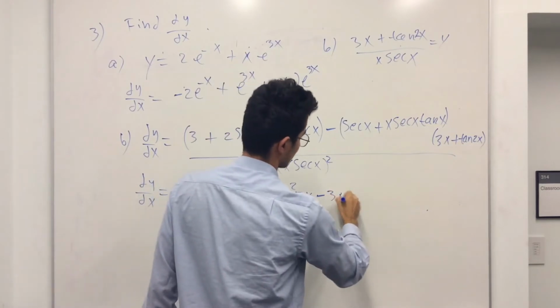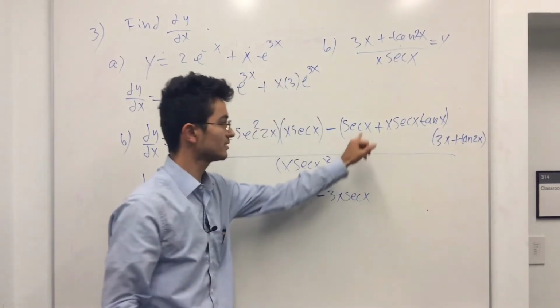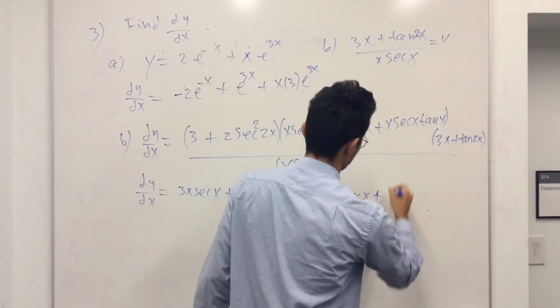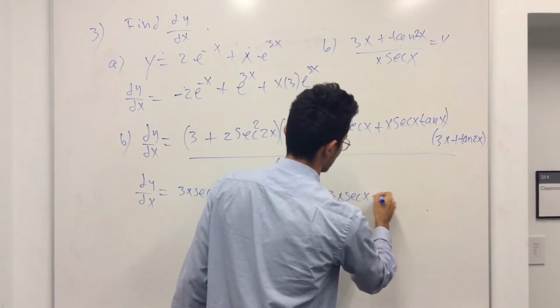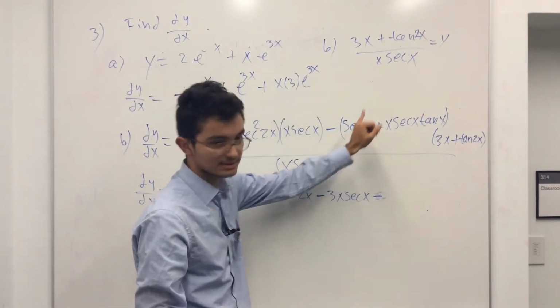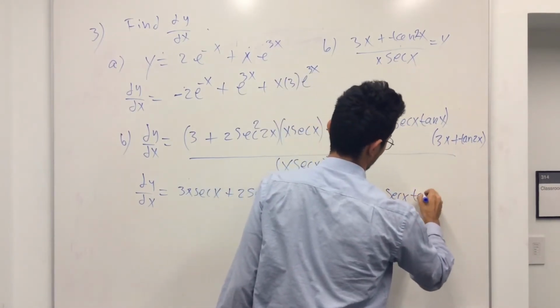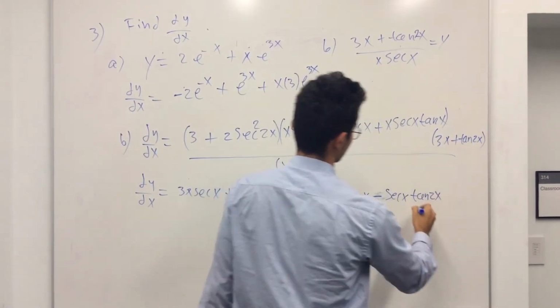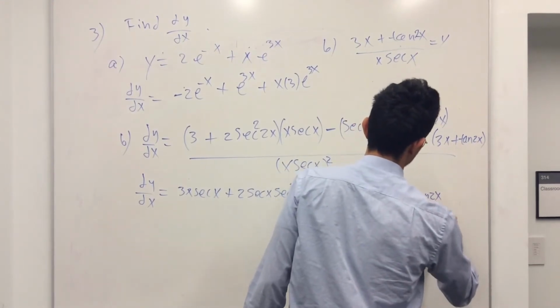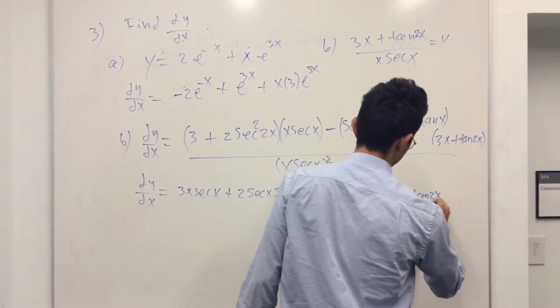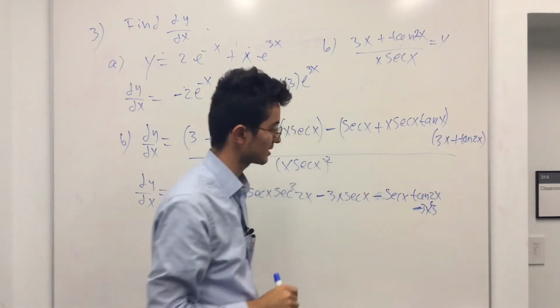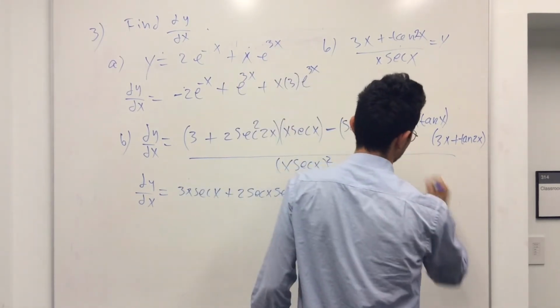3x, right? Again, 3x secant x. And then we have plus, well, all of this is being subtracted, so minus secant of x times tangent of 2x, so that's secant x tan 2x, minus 3x squared, because x times 3x is 3x squared, times secant tangent, okay?